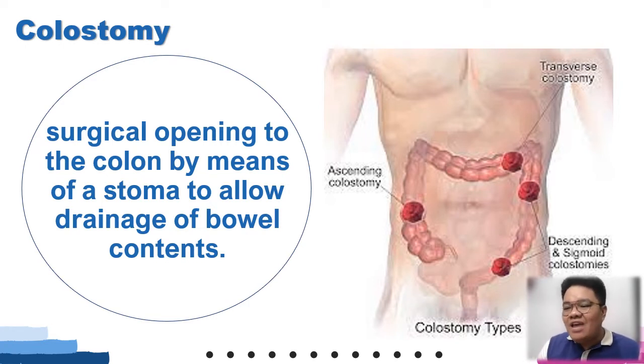Now, if I look at this diagram on colostomy, which of the following stomas would have the most watery discharges? Will it be the stoma in the ascending colon, transverse colon, descending colon, or sigmoid colon? Which is the most watery, you think?